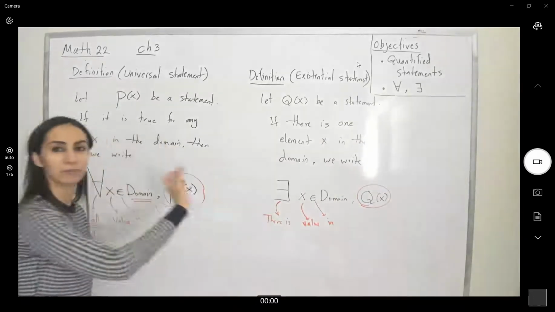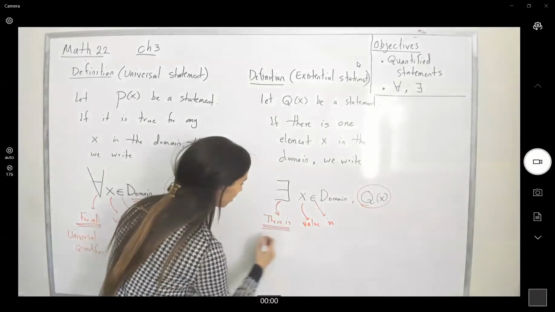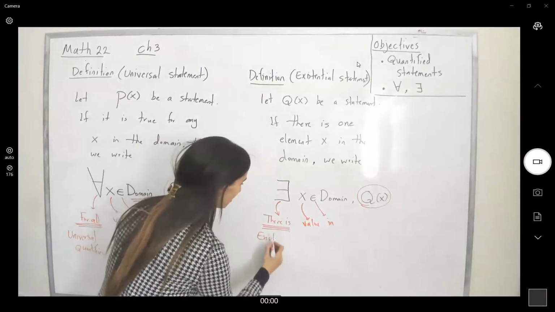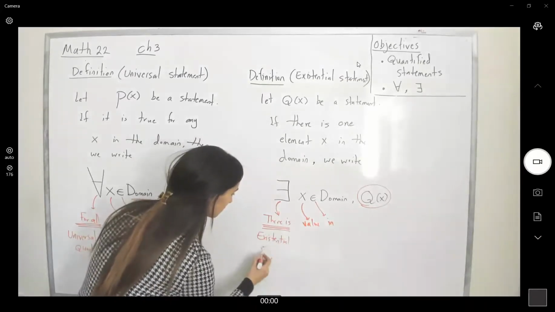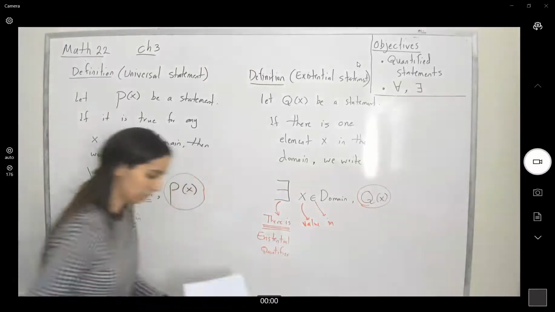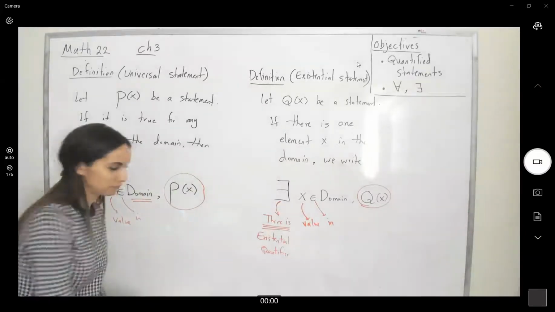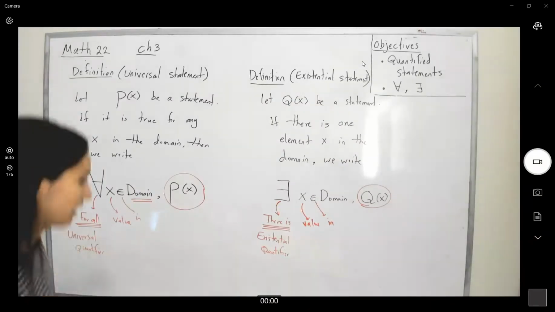So this flipped capital E is the existential quantifier. Perfect.